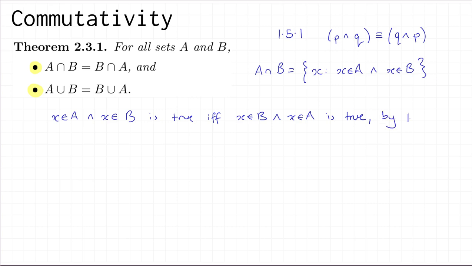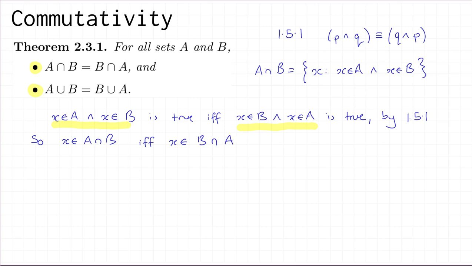So by 1.5.1, that's the theorem in which we proved the result of which that logical equivalence is a special case. So what do we have? Well, this thing here is the condition for a thing X to be in A intersect B. And on the other hand, this here is the condition for a thing X to be in B intersect A. So for any thing X, X is in A intersect B if and only if X is in B intersect A. But that is the definition of two sets being equal.